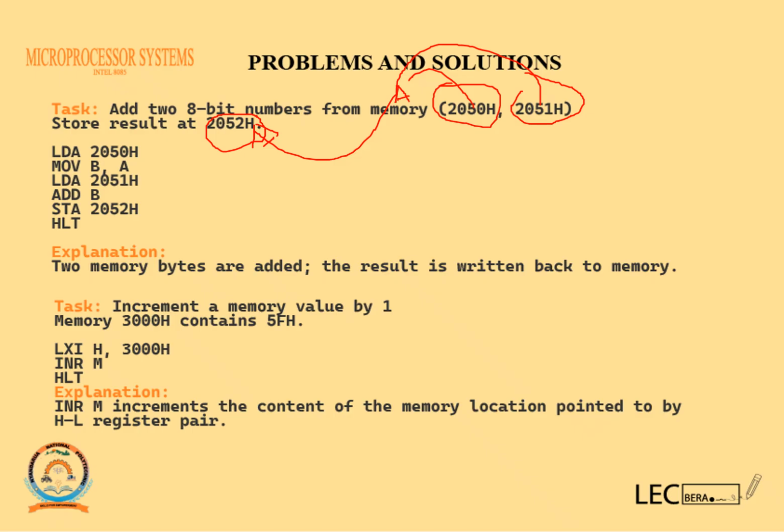So we load first what is inside 2050H to the accumulator, and then transfer it to B. Then we load the next memory location, which is 2051H, to the accumulator. We add what is inside the accumulator with what was inside B, and then later store the result to memory location 2052H, and then we stop what? The instruction.